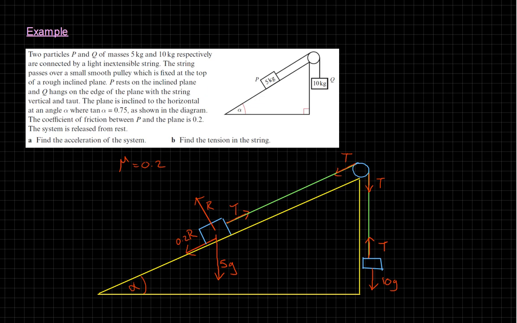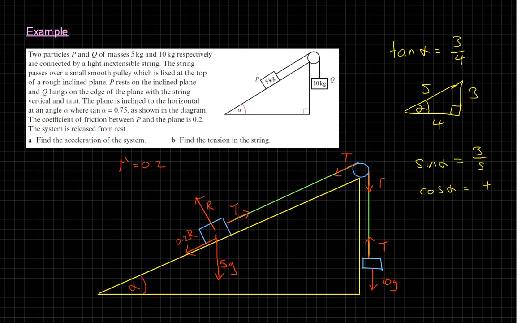Tan alpha, let's sort this one out. Tan alpha equals 0.75, that's 3/4. Now remember the trick. You can always draw a right-angled triangle, and say if alpha's there and 3/4 is opposite over adjacent, then I've got 3 and 4 here, therefore this is 5, and you can then find the fact that sine alpha is equal to opposite over hypotenuse, 3/5, and cos alpha in this case is adjacent over hypotenuse.